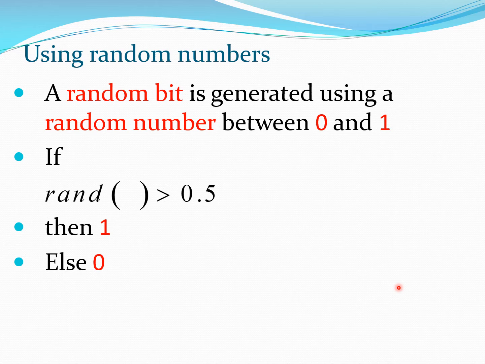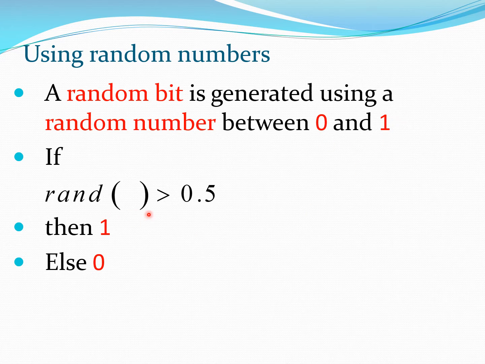Now if you want to generate a random number or a random bit, essentially you start with generating a random number, and you can use some built-in function which is provided in most computer languages, be it C, Python, MATLAB, or even in an Excel spreadsheet. This kind of random number generator may give you a point between 0 and 1.